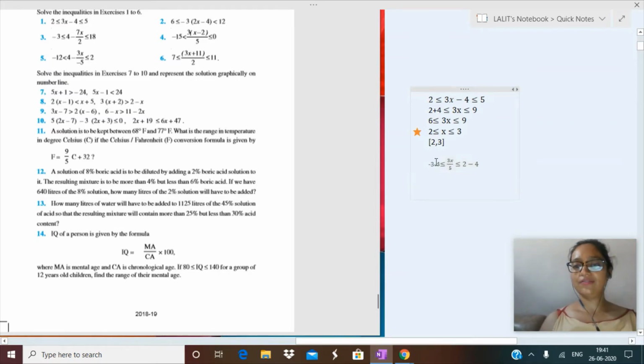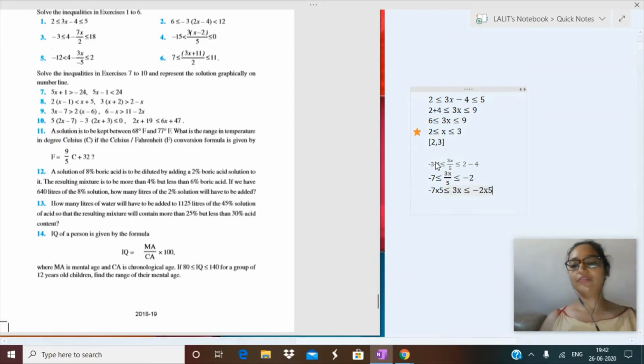Then further, if we solve, this will be minus 7, and we will have our sign, and now this will be 3x again upon 5, and we will have our sign, and this will be minus 2, right? Further, this 5 will go to both the sides in multiplication, so we will have it as minus 7 into 5. Again, we'll have our sign, and this will be 3x. Again, we'll have our sign, and this will again be minus 2 into 5, right?